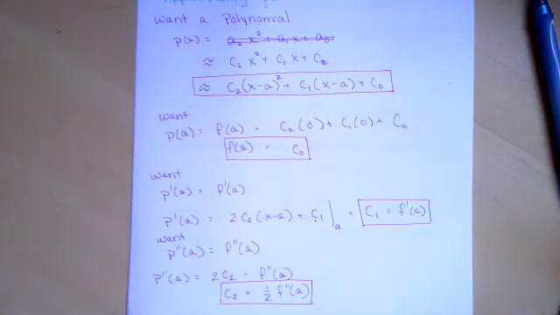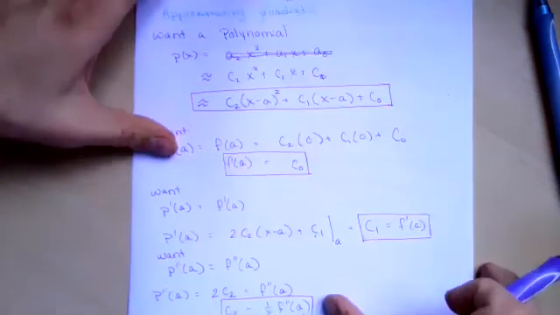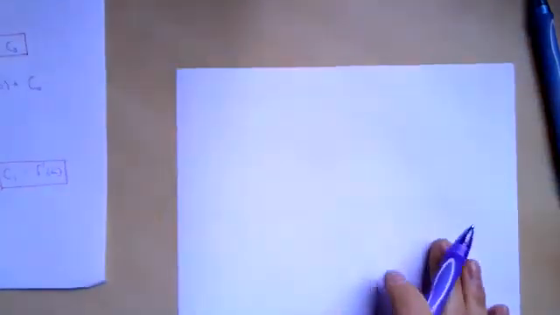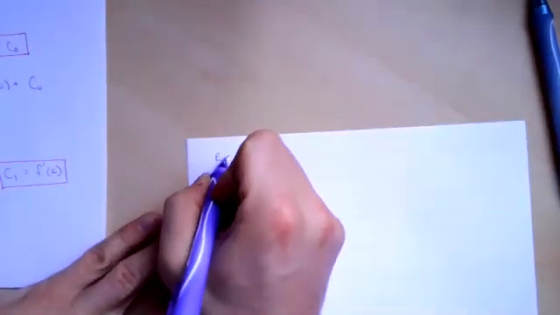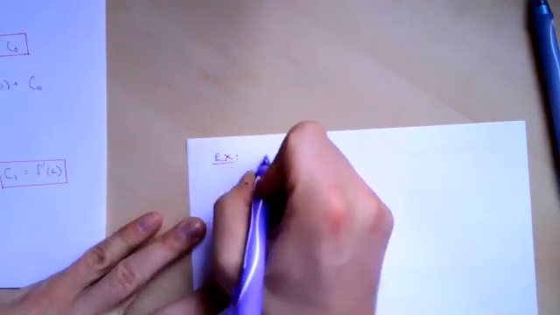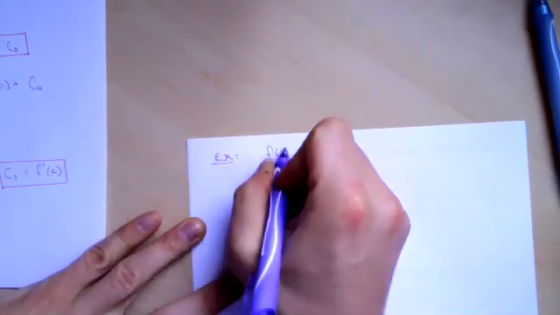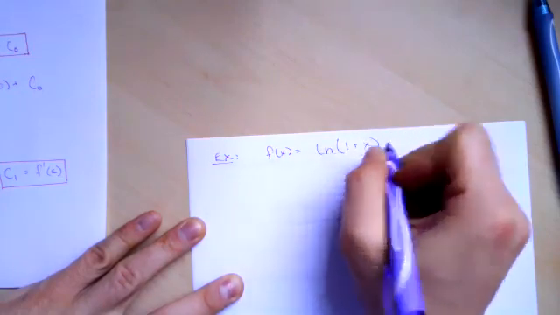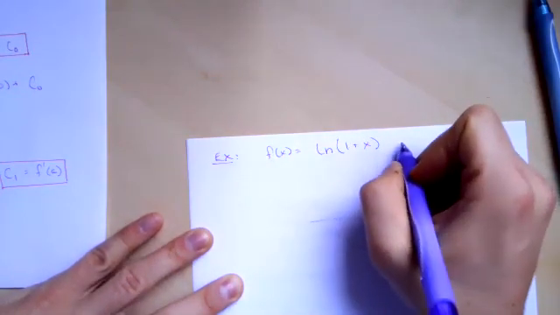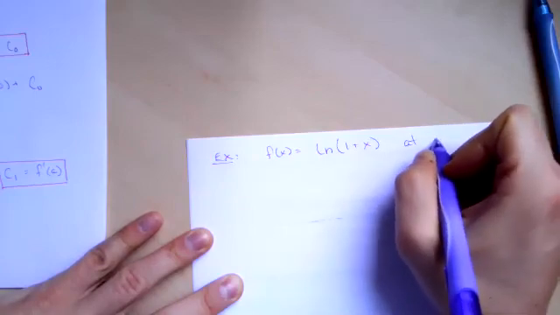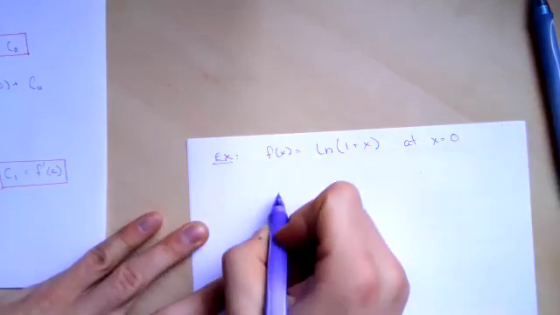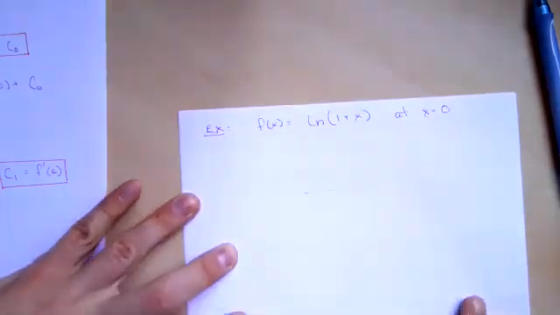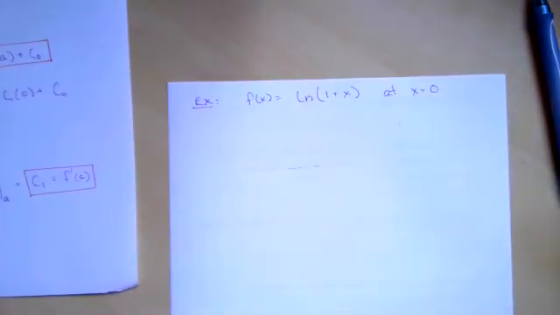Let's do a quick example. Let's say f of x is natural log of 1 plus x at x equals 0. So the full problem statement might be something like, find a degree 2 approximation to this.